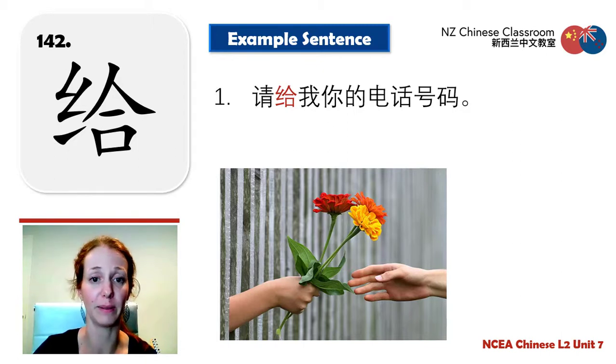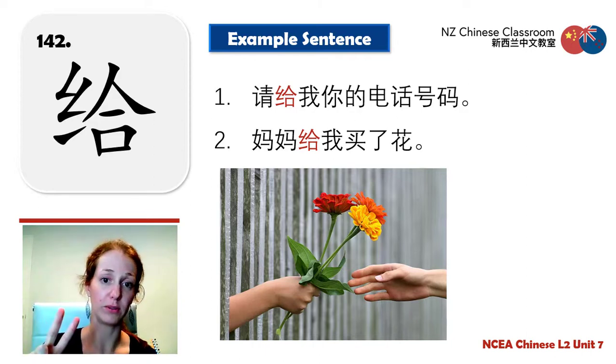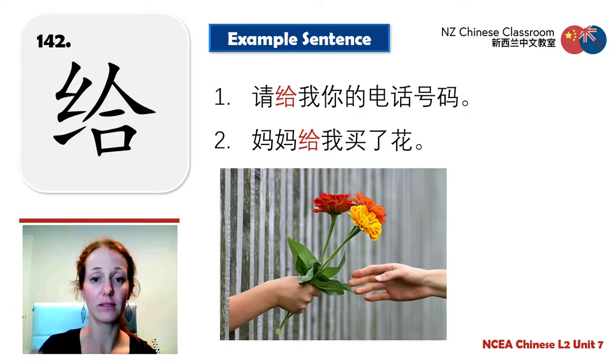Please give me your phone number. 妈妈给我买了花. So here there's two verbs. We have 给 to give and 买 to buy. So this 给 kind of means for. So mum, for me, bought some flowers. So you can have other verbs instead of 买 in here, but it's doing something for someone.